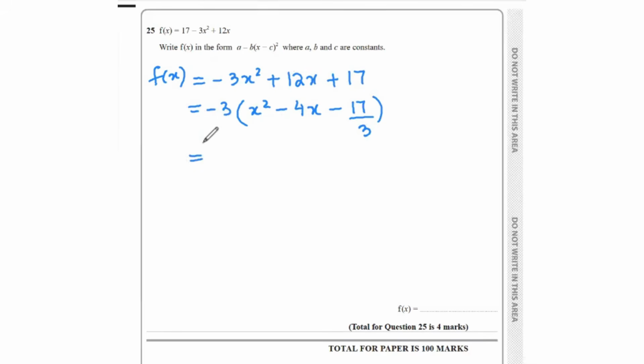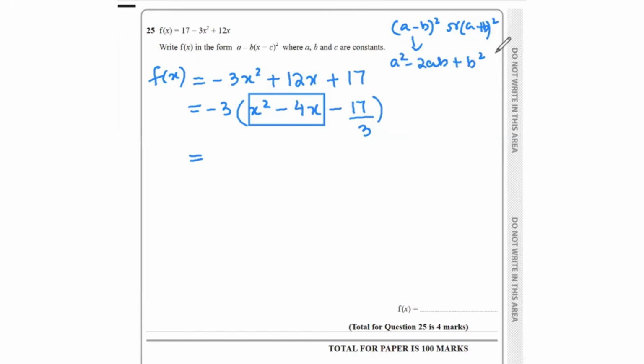Now, we have to complete the square. So when you say complete the square, this is the square that we want to complete. Normally, squares come as a minus b square or a plus b square. We're dealing with a minus b square. A minus b square expands to a square minus 2ab plus b square.